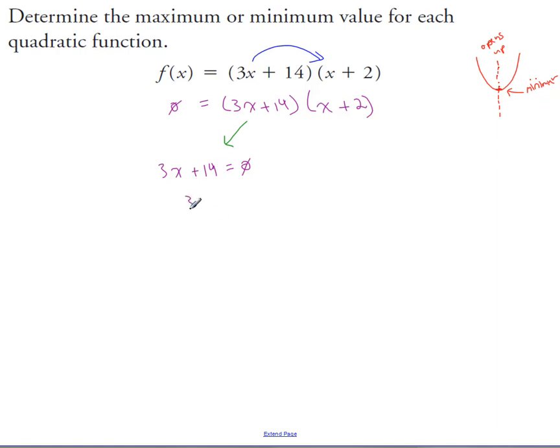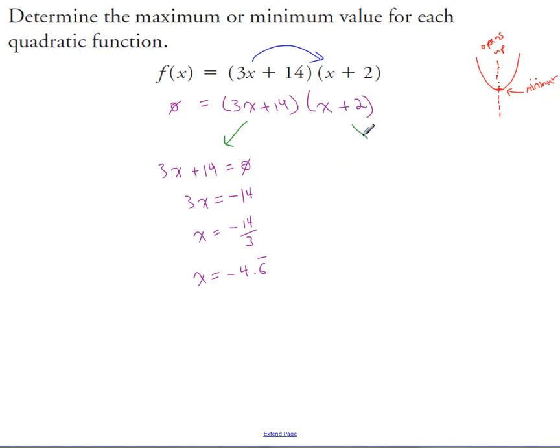Solve for x. So 3x equals negative 14. x equals negative 14 over 3. And what does that work out to? Well, that's negative 4.6, and that keeps repeating. So I'll just put a line over the 6.